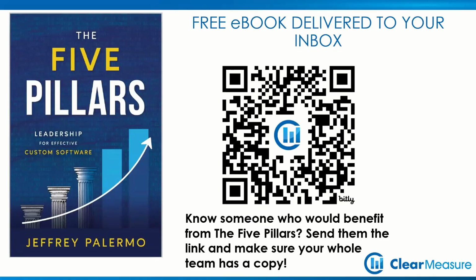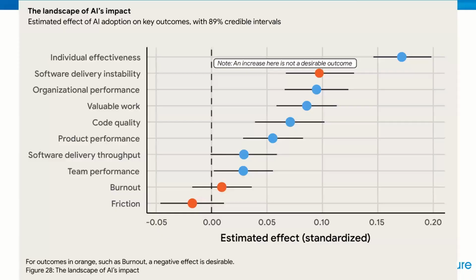Now, let's dive in and look at some of the studies that have already come out on software development being impacted by AI coding. This is a study from the first year, 2024.